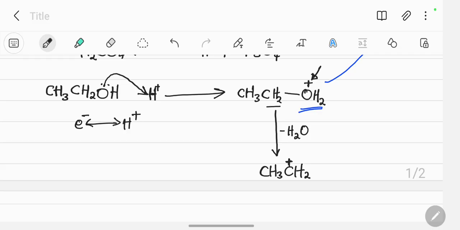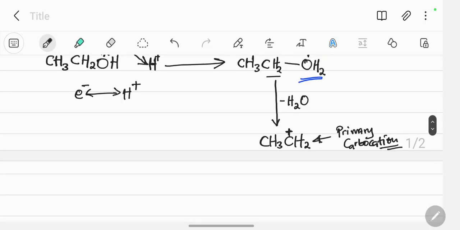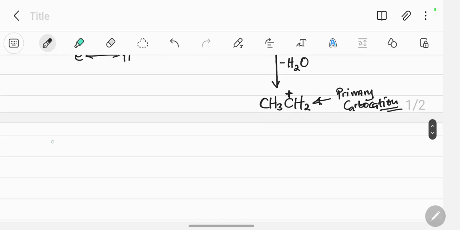So this carbon atom is obtaining a plus charge there, so we call it a carbocation, and this one is a primary carbocation. It's all the same.